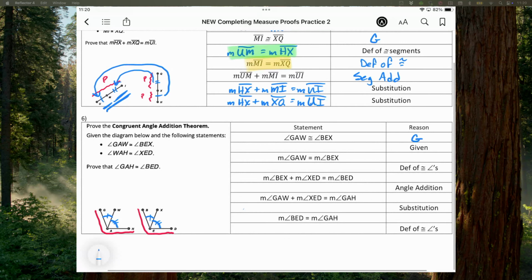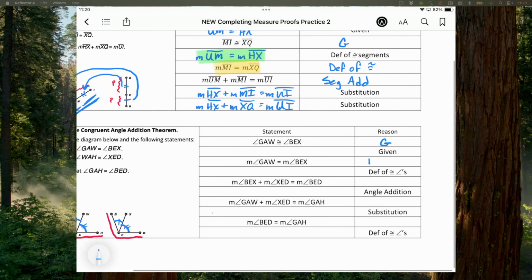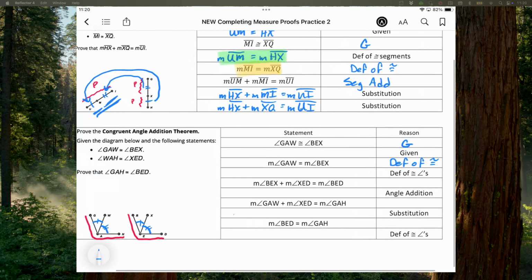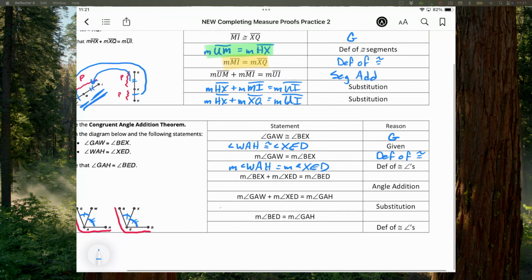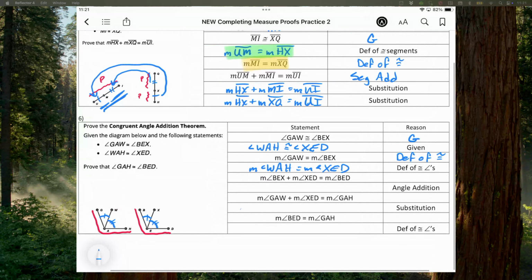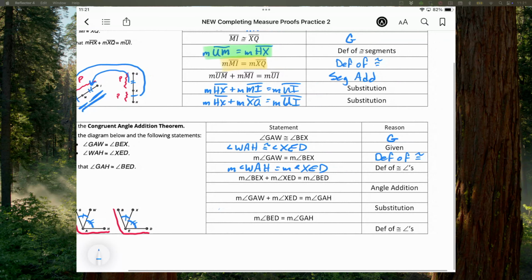Then GAW is equal to BEX because of definition of congruent. So then we'll do WAH is congruent to XED. So measure of angle WAH is equal to the measure of angle XED. Next, we can do angle addition to say that BEX plus XED makes BED.